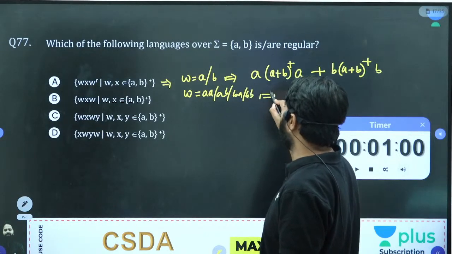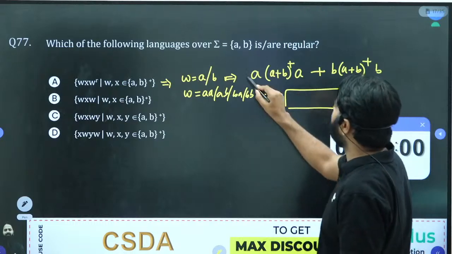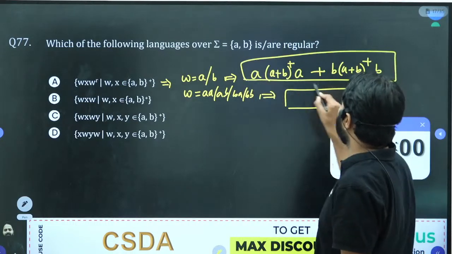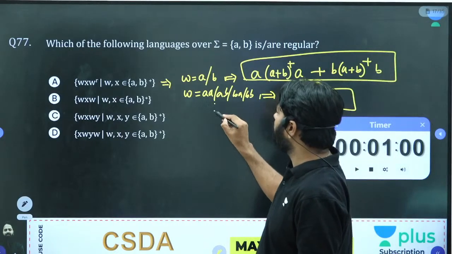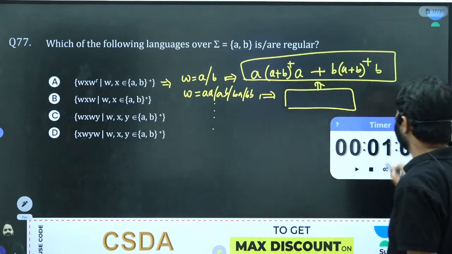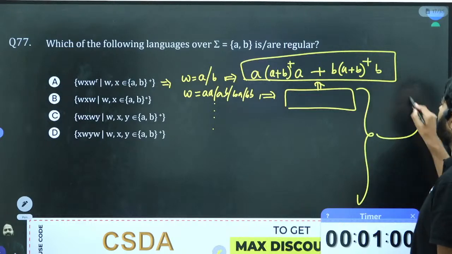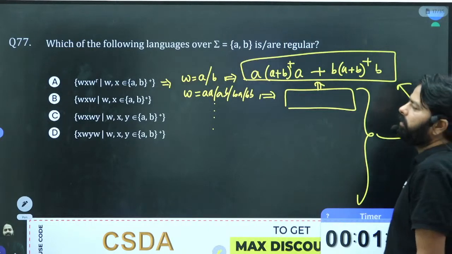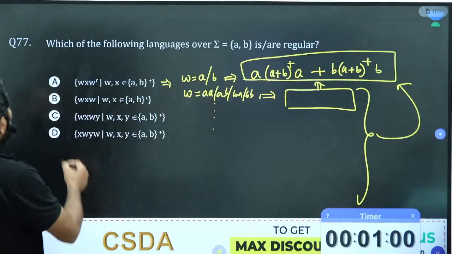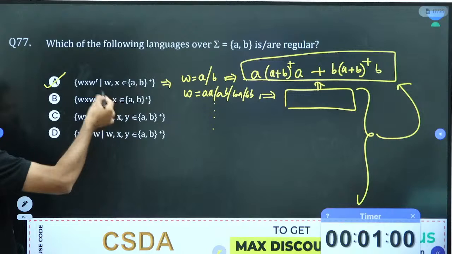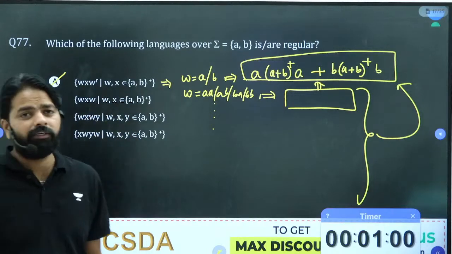Then whatever you get here is definitely already covered by this, and similarly you can take any w. All of these are covered by this first form. That's why putting w equal to a or b, we see this is a regular expression, and that covers the entire language.